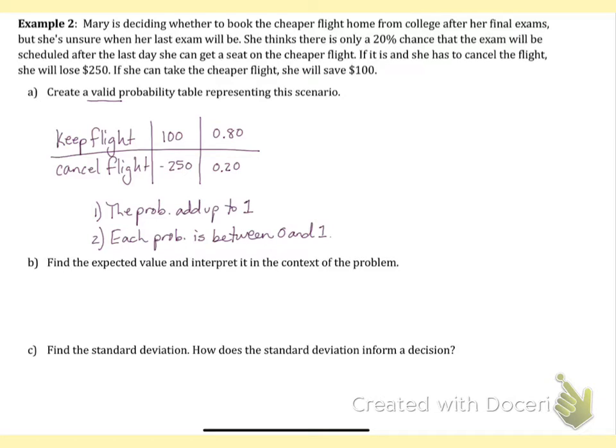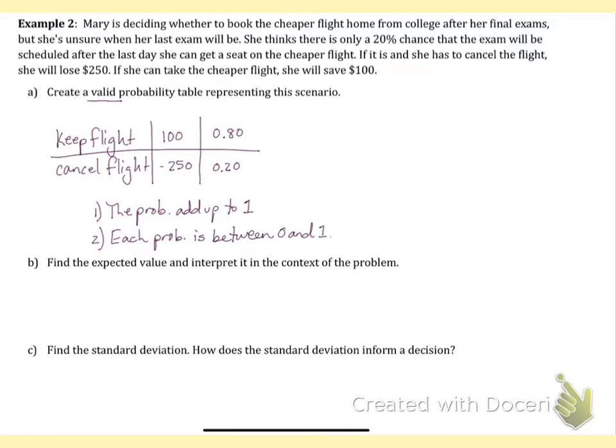So in part B, it's asking us to find the expected value, and in part C, it's asking us to find the standard deviation. I'm going to do both of these by hand, and then I'm going to explain how to use your calculator to find them.